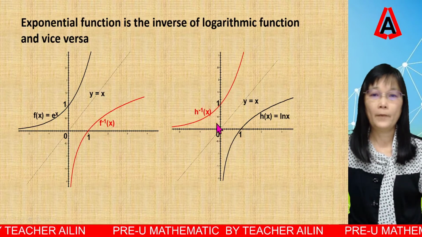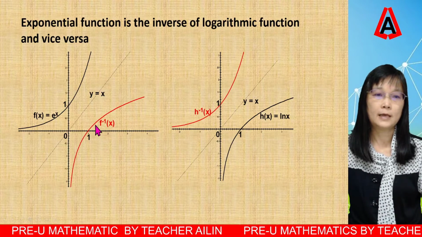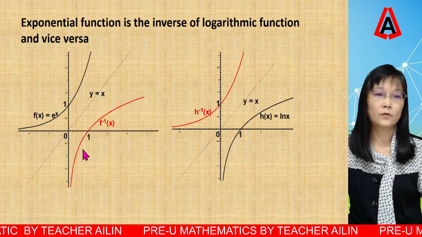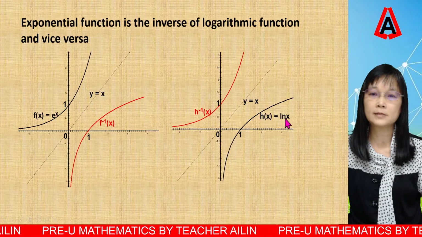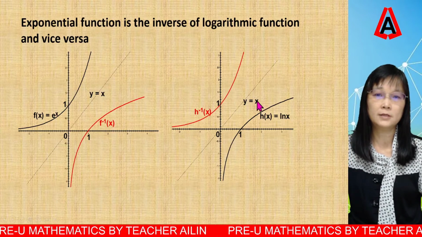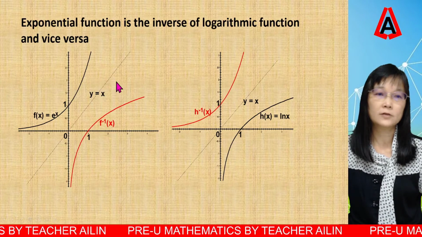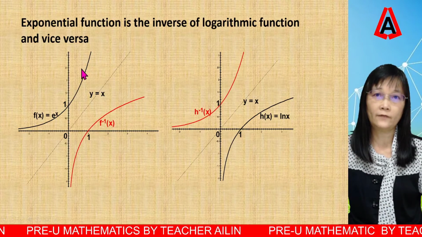When we compare these two diagrams, we can see that the inverse function of the exponential function actually is the same as the logarithmic function, and the inverse of the logarithmic function actually is the same as the exponential function.